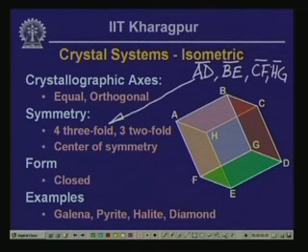So basically we have got one here, we have got one here, and we have got one here, and the fourth one is between H and G. So these are the 4 solid diagonals that are going to cut at a point within the body of the crystal, and that is going to give you also the center of symmetry.